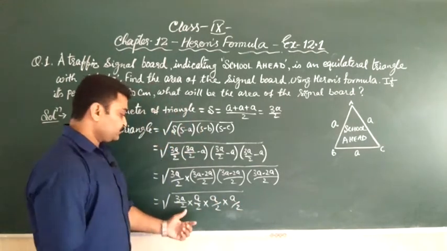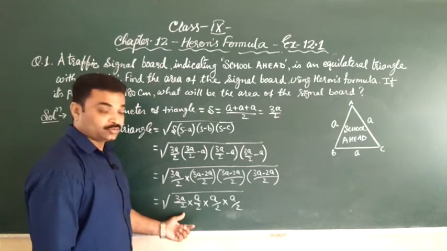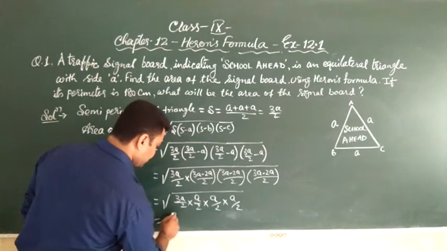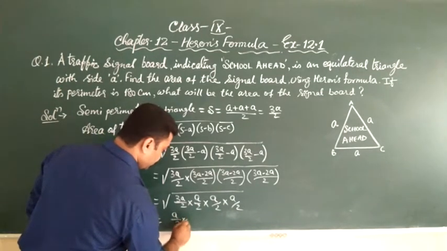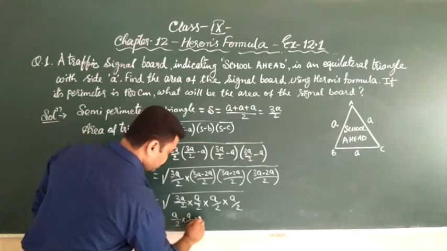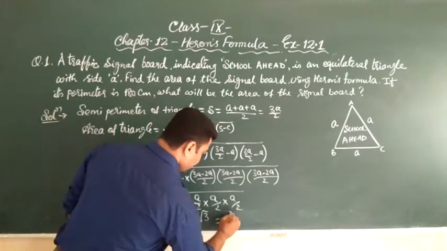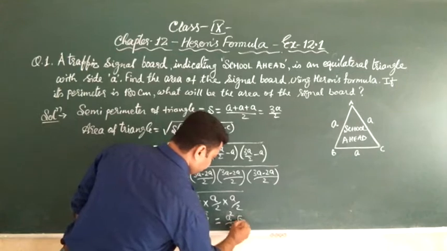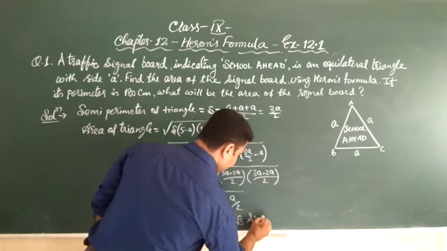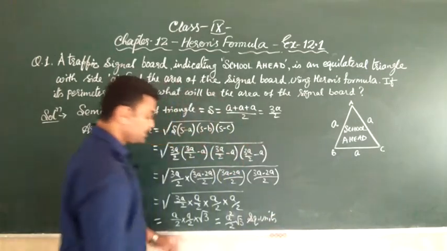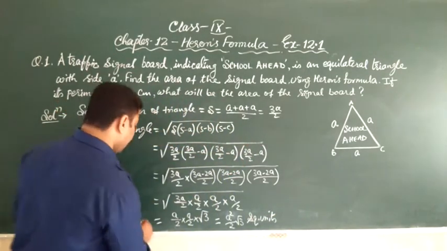Now here we have to find the square root. Here A upon 2 comes 4 times, so we will take 2 times A upon 2 into A upon 2 and root 3 we will write. So A square upon 4 root 3 square units is the area of the given triangle.